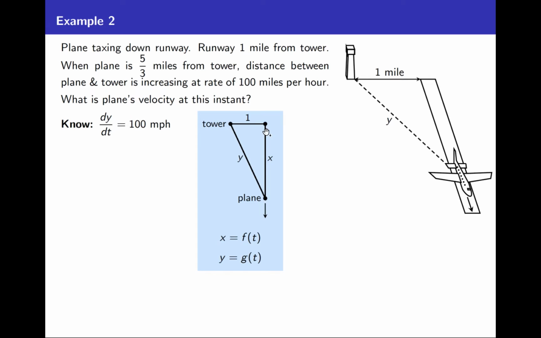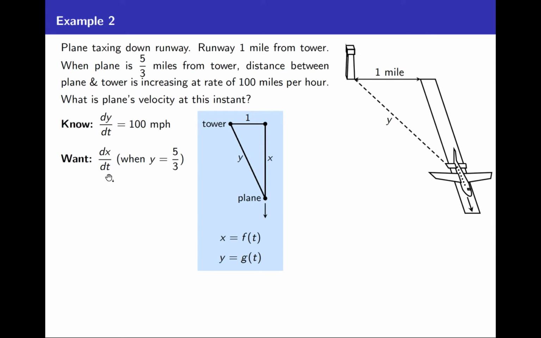And notice that this function x equals f of t, that's a position function for the plane. It tells you how far the plane is from this fixed point at time t. So the derivative of that position function, f prime of t, is the plane's velocity at time t. So f prime of t, or dx/dt, that's the velocity of the plane. That's what we're looking for.